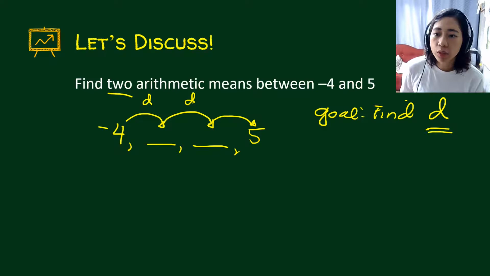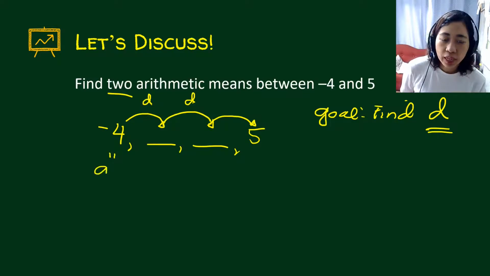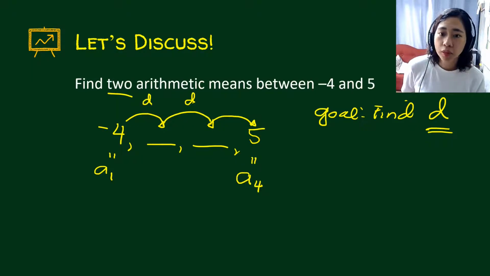So, whenever you're solving for a variable, you need to set up an equation. And saan natin yun nahanapin? Dito, yung -4 natin na given is A1. Ito, yung 5 natin would now become the fourth term. So, since we have a given na A4 is equal to 5, dito tayo gagawa ng equation.